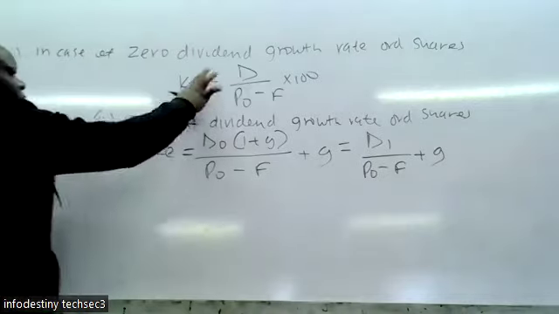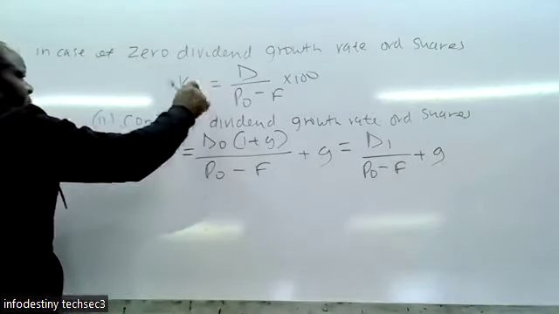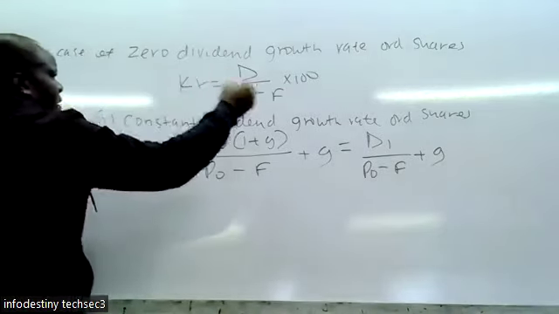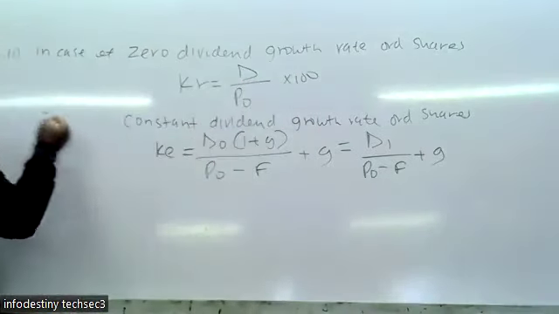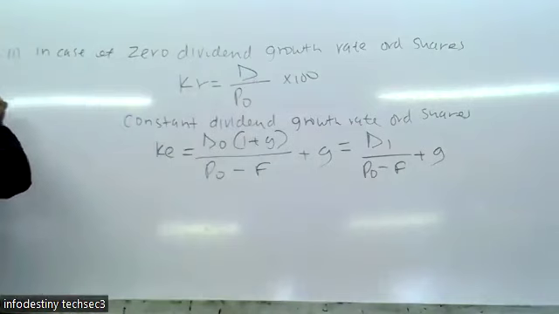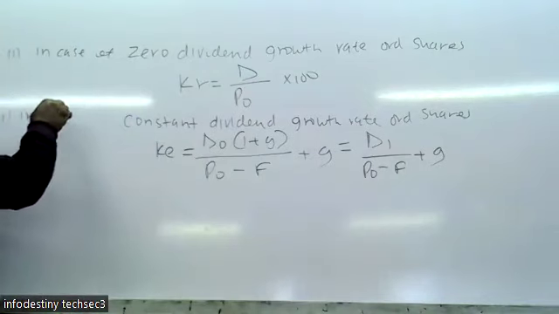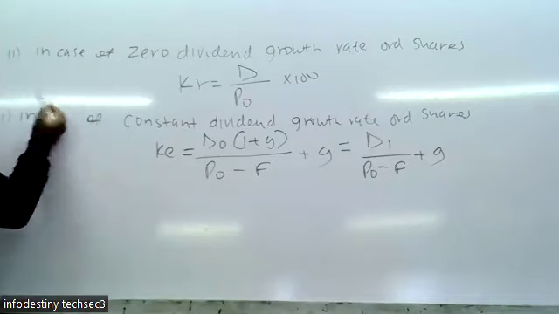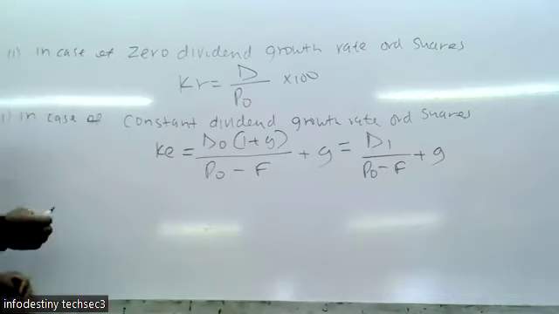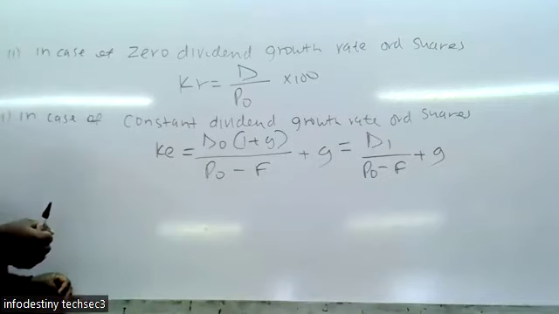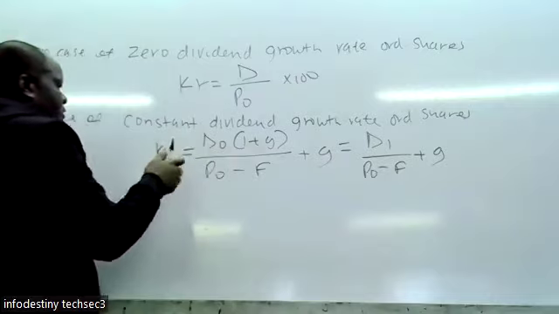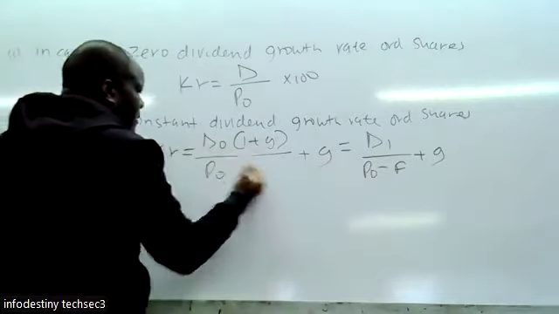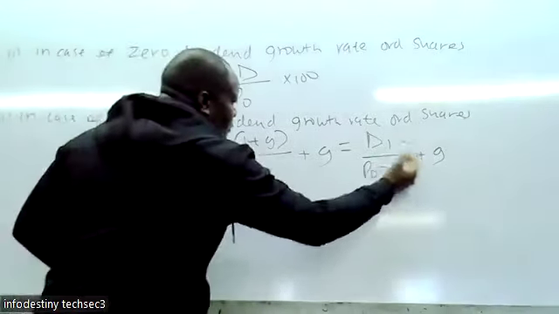So this one you change to KR, the cost of the retained earnings will be KR, then less the flotation cost. Even the Roman letter 2, we say that in case of constant dividend growth rate ordinary share, all of them will remain. We change this one to KR, then there is no flotation cost.